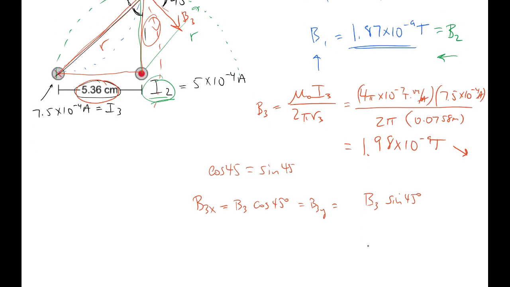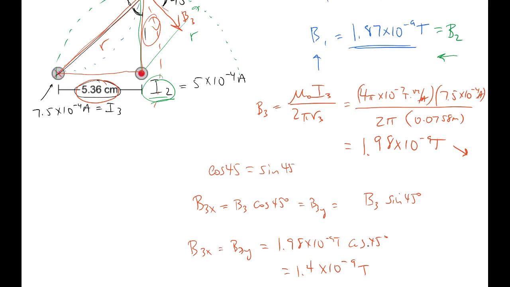So I'm only going to have to punch this in once. B3x, which equals B3y, equals 1.98 times 10 to the negative 9th Tesla cosine of 45 degrees. If I do that, I get about 1.4 times 10 to the negative 9th Teslas.